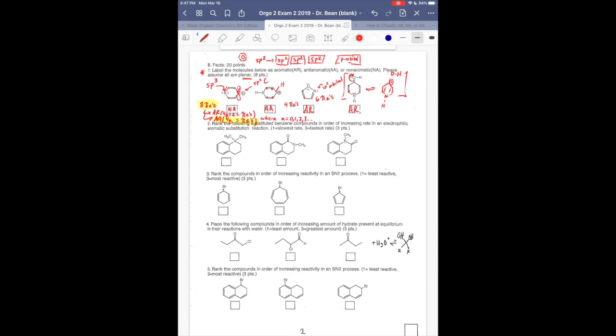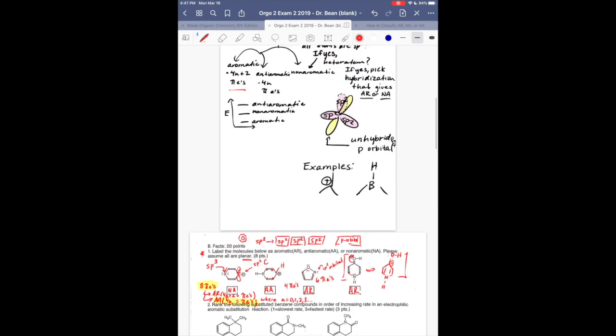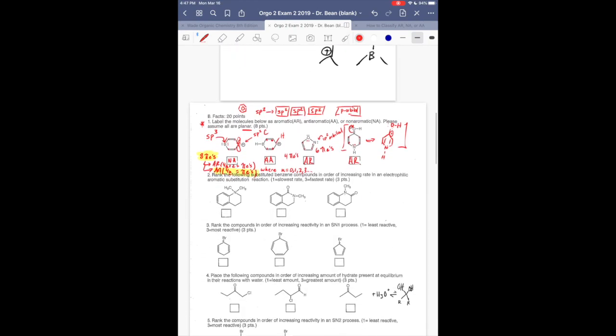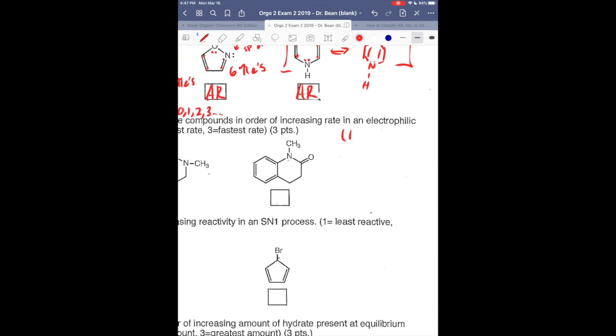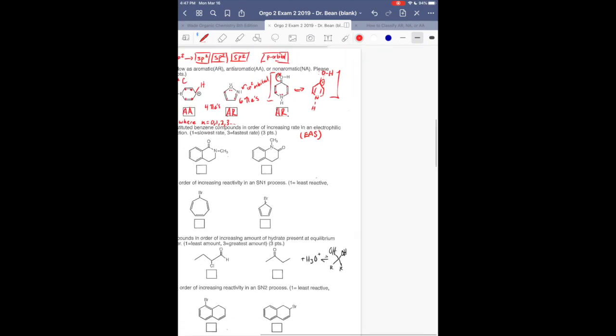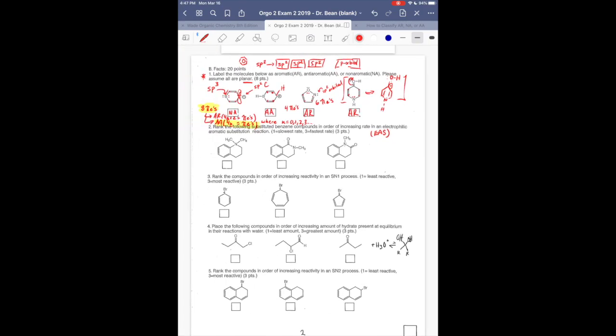Now it says rank the following substituted benzene compounds in order of increasing rate in an electrophilic aromatic substitution reaction. Okay, so electrophilic aromatic substitution, you'll see it denoted as EAS, and that's what the letters actually stand for.